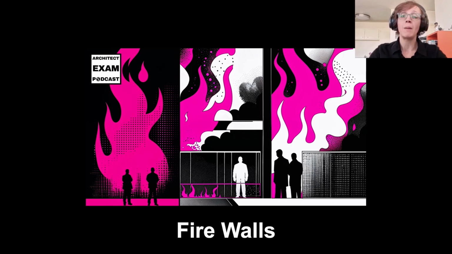Firewalls are structurally independent, designed to stand even if the building on one side completely collapses. I would really encourage you to search Google Images for firewall examples, where a building has completely collapsed, the firewall remains standing, and the adjacent building sharing that firewall remains standing as well.